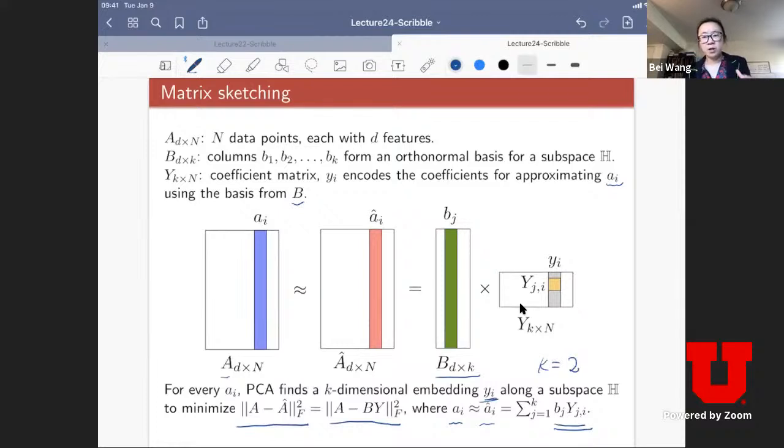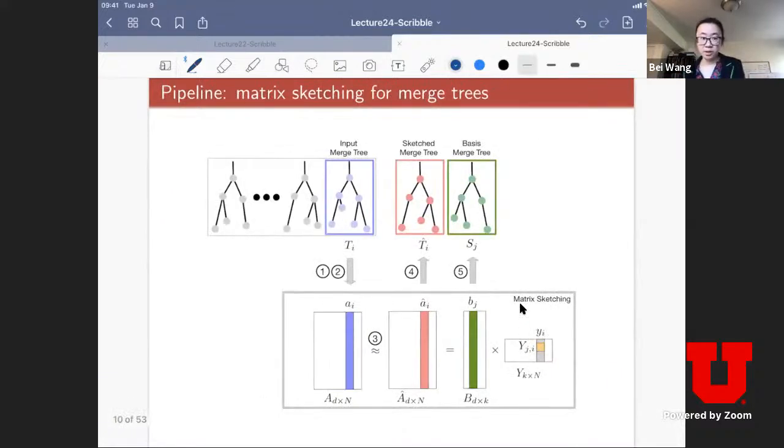Now, if I want to use this framework in sketching a collection of merge trees, there are a few steps. This is what we can do. The pipeline to sketch a collection of merge trees by taking advantage of matrix sketching is to convert every single input merge tree into a high dimensional vector.